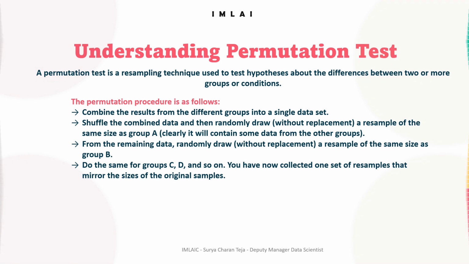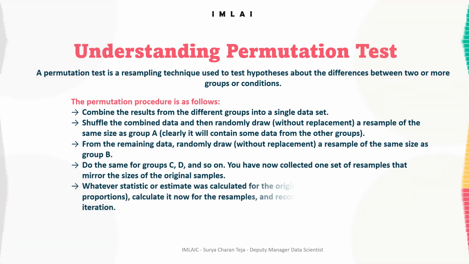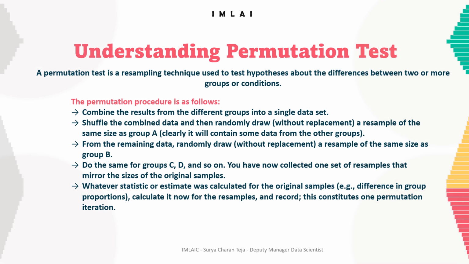What next? Then whatever statistic or estimate was calculated for the original samples, for example, the difference in group proportions, so that's one statistic you can take, calculate it now for the resamples and record it. So this constitutes one permutation iteration.